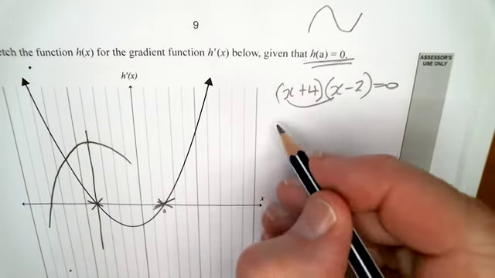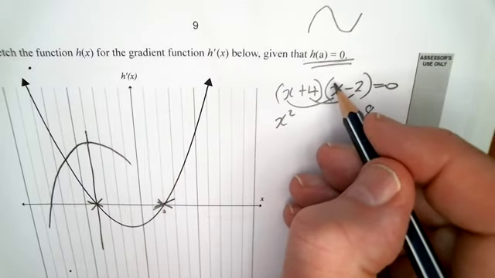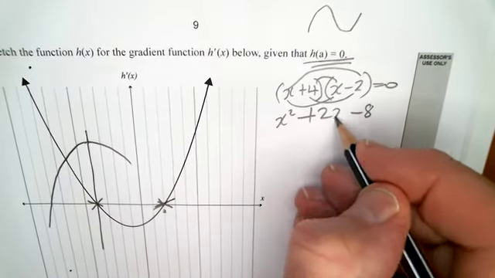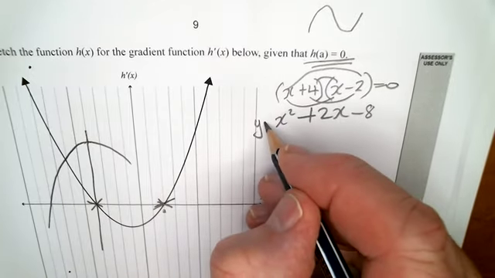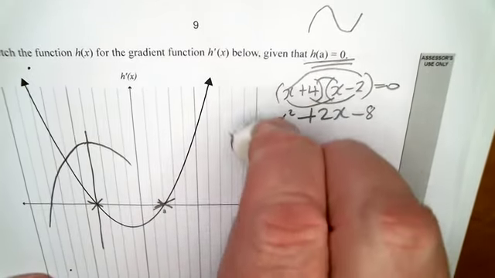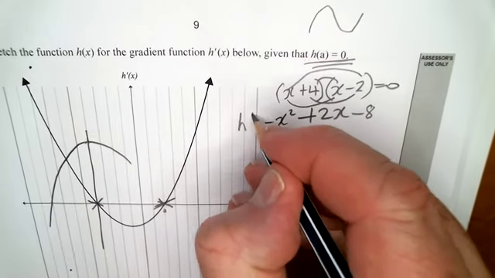So if we expand this out, we're going to get x squared minus 8, then we've got a 4x minus 2x, which is going to be a plus 2x. So that is our y, or in fact, let's call it what it really is, that's h prime x. Here we go, h prime x.